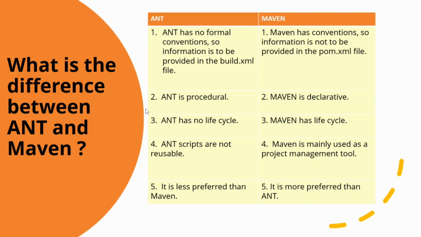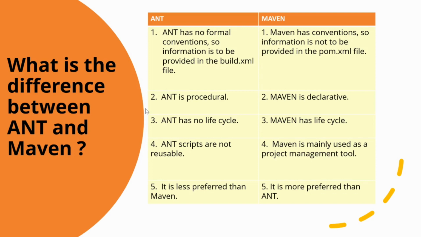Maven has conventions, so information is not to be provided in the pom.xml file. Ant is procedural in nature, which means that we manually tell exactly what to do and when to do, whereas Maven is declarative in nature, which means only the source should be present in the default directory.